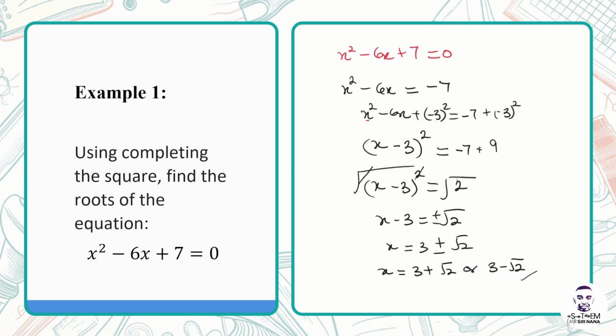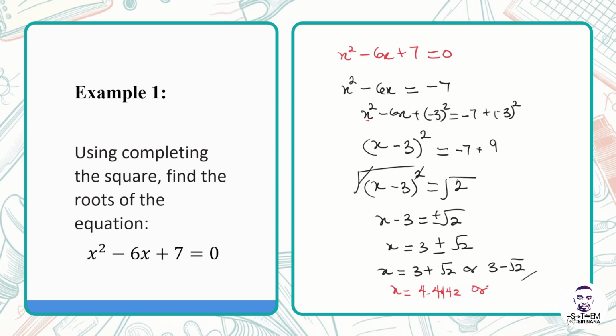You can leave your answer like this, or you can decide to find the square root of 2 and add it to 3 to get the decimal form. So 3 plus the square root of 2 will be equal to, in decimal form, 4.4142.